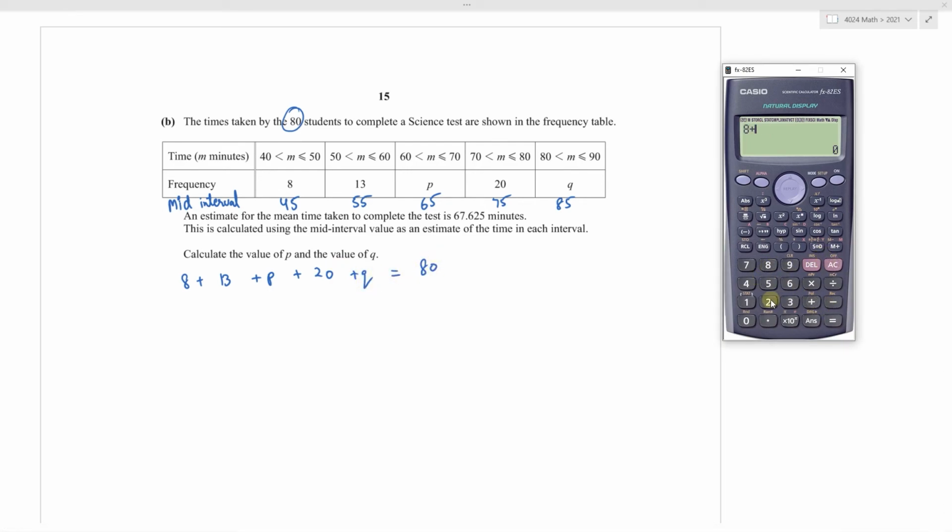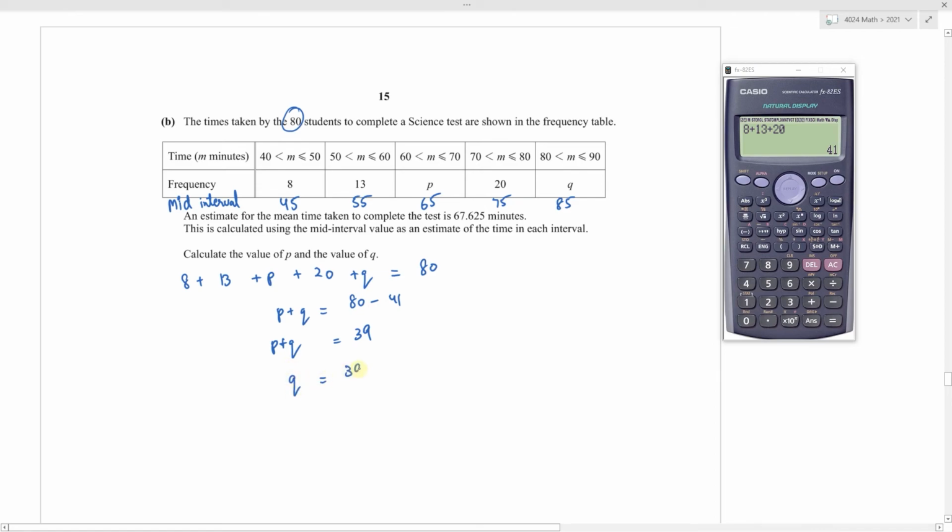So 8 plus 13 plus 20 is 41. P plus Q will be 80 minus 41, P plus Q is 39. And I can make Q the subject here. Q will be 39 minus P. So this is your first equation.